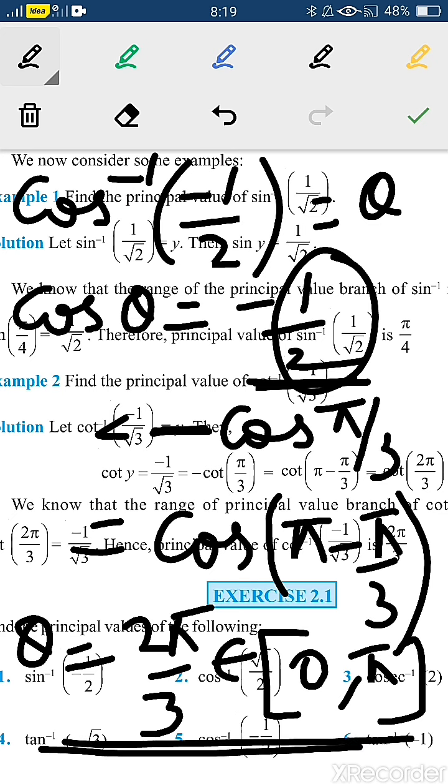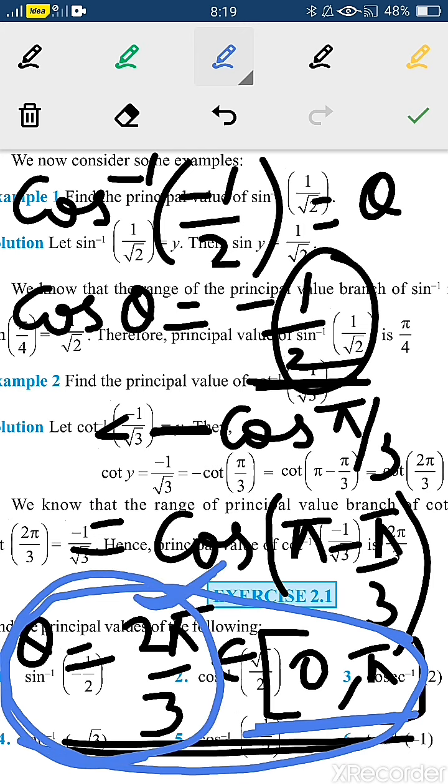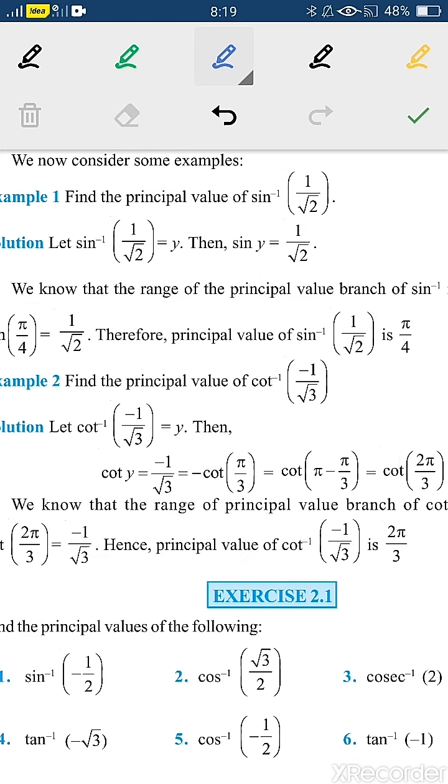This step you have to write. This step is very, very important to write. Once the examiner sees that you have written the principal value branch, and this value lies in that branch, then theta is equal to 2 pi by 3 is the principal value of that particular function. I hope now you are clear with what is principal value, right?